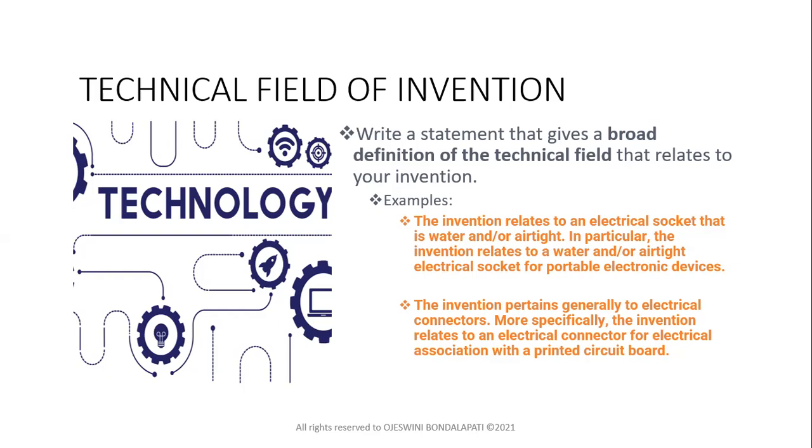So these 2 points. Why I'm asking you this, because anyway, we are going to describe in the description of the specification or the description of the invention. So can we be very short and crisp about the technical field of invention? Yes, it can be short and crisp.